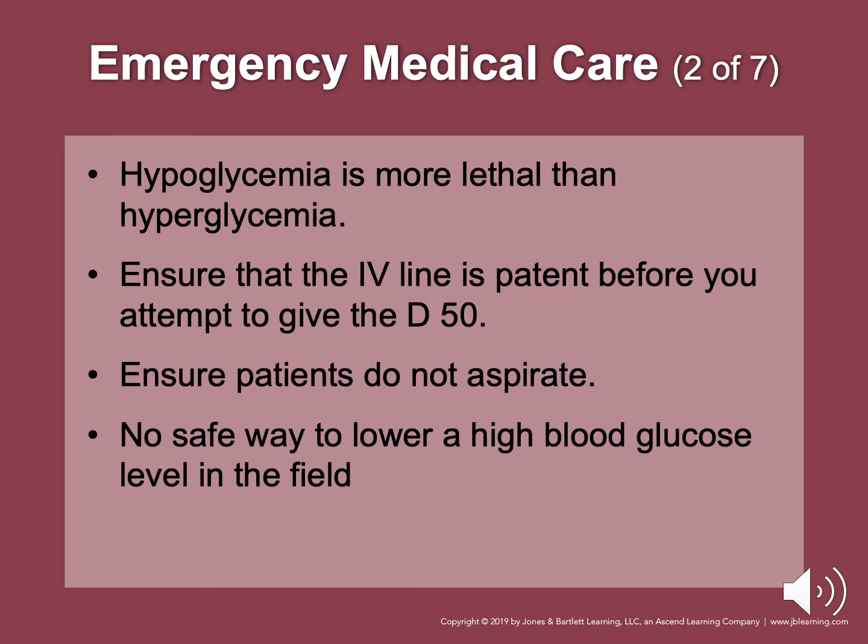Ensure that the IV line is patent before you attempt to give D50, because you could possibly cause necrosis while giving it through a non-patent IV. If you cannot obtain vascular access, administer 0.5 to 1 milligram of glucagon subcutaneously or intramuscularly.